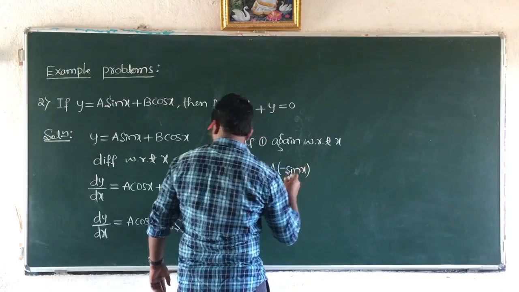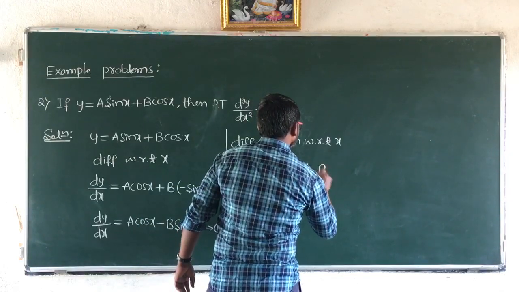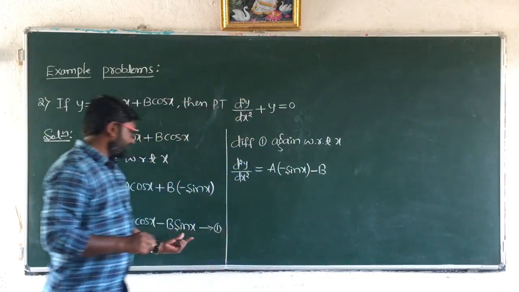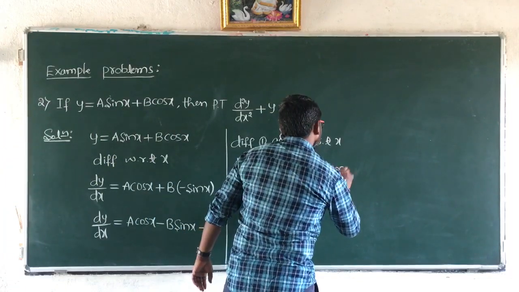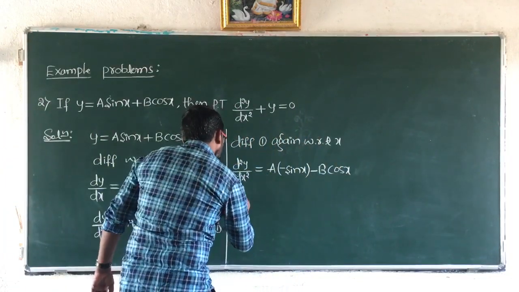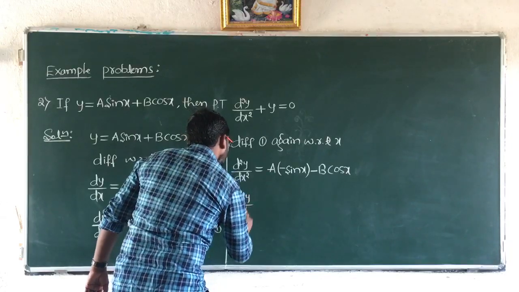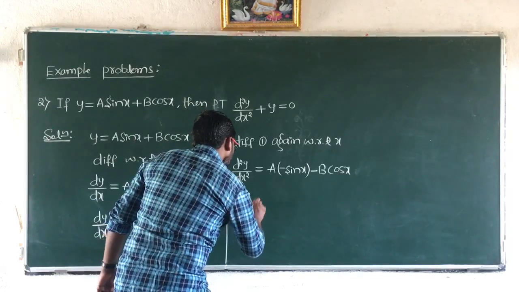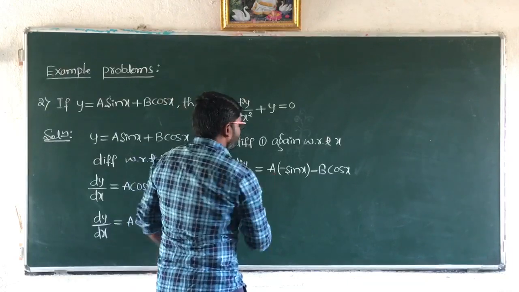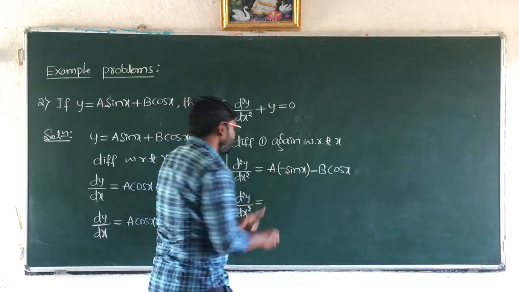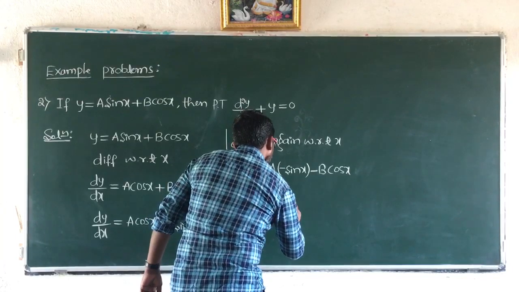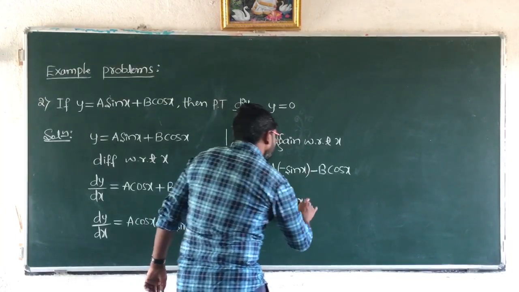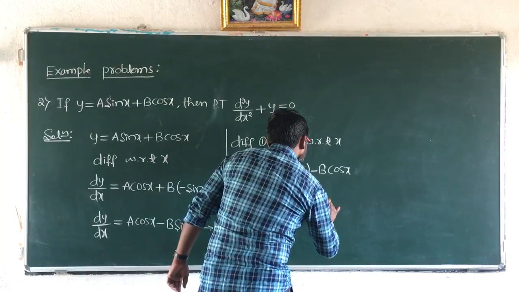Then minus b as it is. Then derivative of sin x is cos x. So now d square y by dx square is equal to, multiplying these two terms, we get minus a sin x, then minus b cos x.